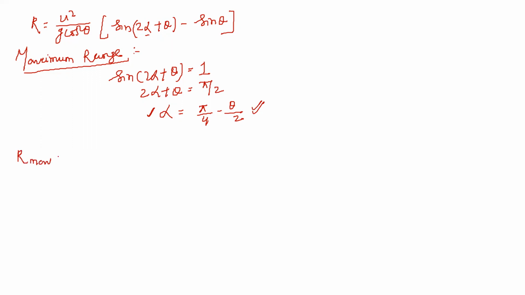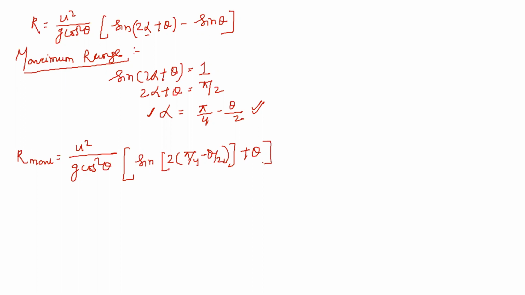Then R maximum is equal to how much? U square by g cos square theta whole into sine of, in place of 2 alpha, what will I write? See here, another bracket. In place of alpha, I am writing pi by 4 minus theta by 2, plus theta, bracket end, minus sine theta.